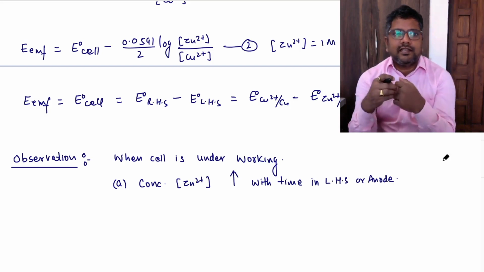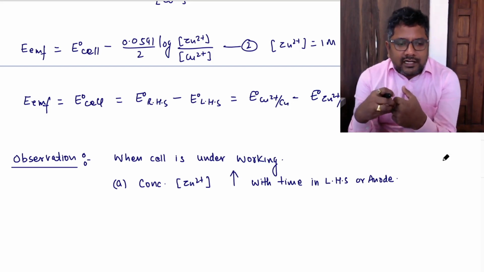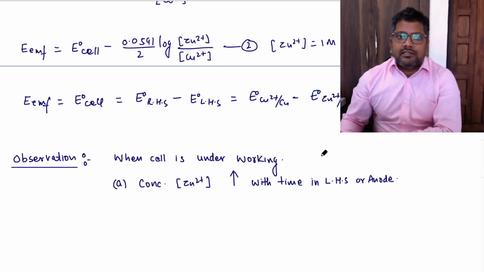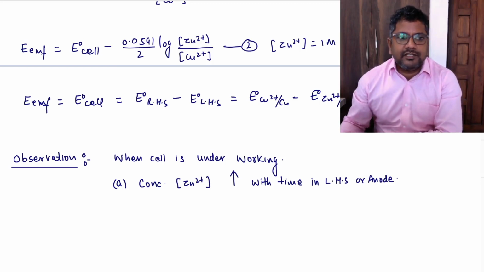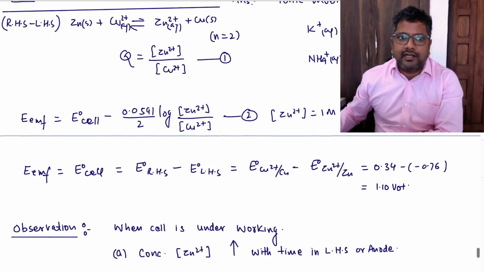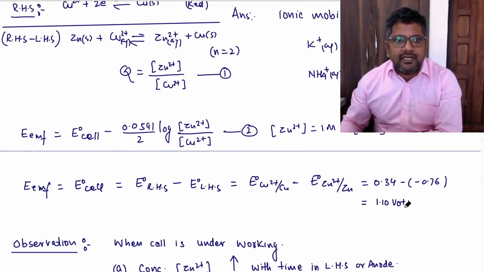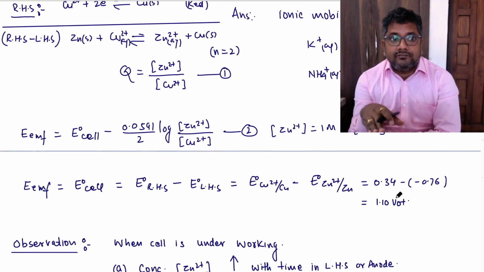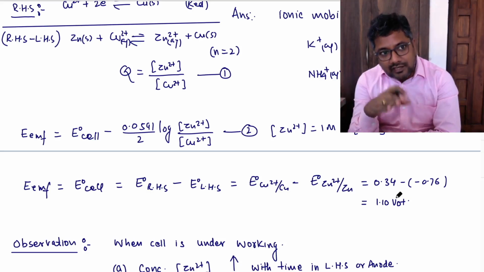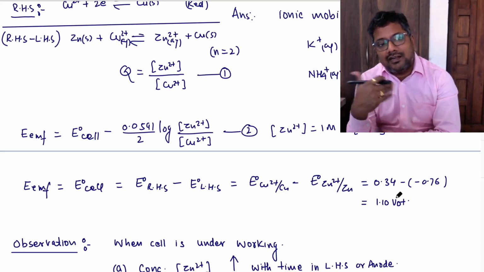How to decide that the LHS is anode and RHS is cathode? Once the EMF is positive, see here, EMF you are getting positive. So if EMF is positive, then LHS is anode and RHS is cathode. If your EMF is negative, then what you have to do is switch. Then left hand side is cathode and right hand side is anode.